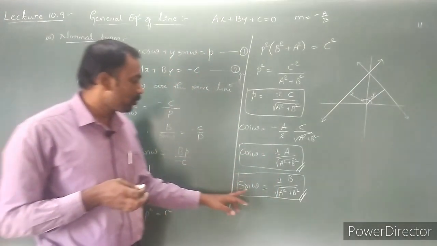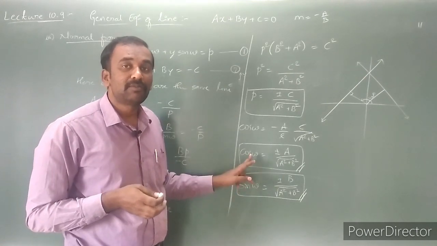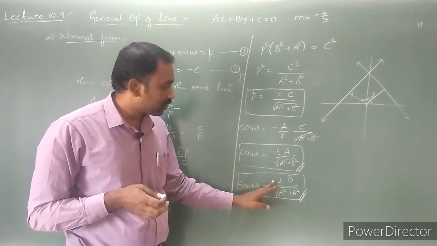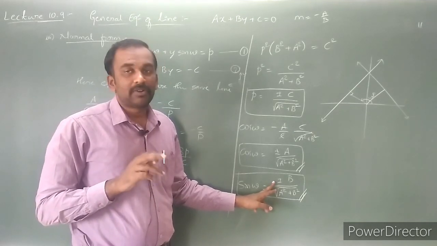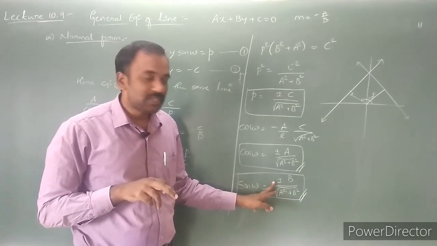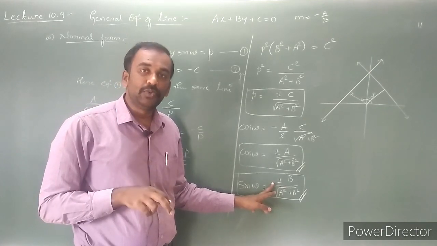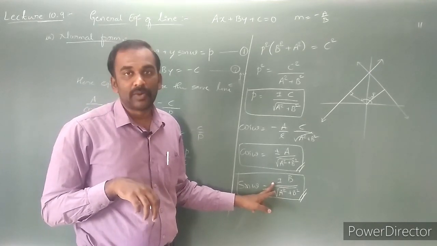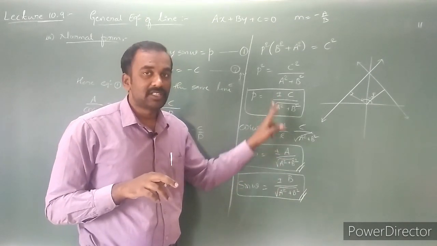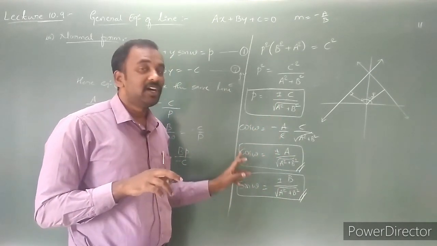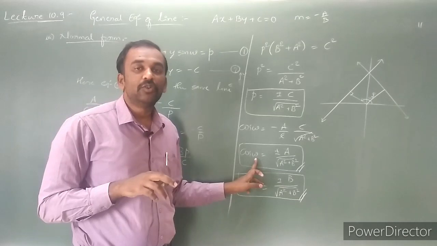Is sine positive or negative? Sine is positive. What about cos? Cos is negative. So that is the plus or minus. Depending upon the quadrant, depending upon the situation, we need to choose the positive or the negative value. Did you get my point? Why I have written plus or minus? Because it depends upon the omega value.